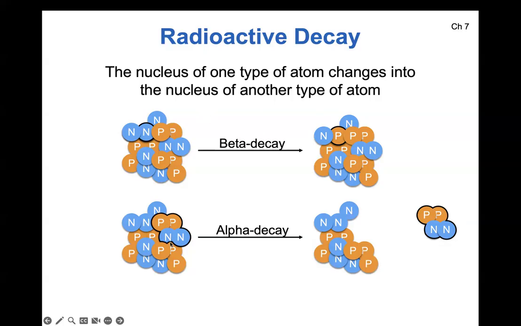But in alpha decay, it did change, and it was decreased by 4, because 4 total protons or neutrons came out of the nucleus. And the collective term for anything that's in the nucleus is a nucleon. So we would say that 4 nucleons were released. So neutrons and protons are nucleons. I say that carefully because neutron and nucleon sound pretty similar, and so it's easy to sort of mix the 2 up.